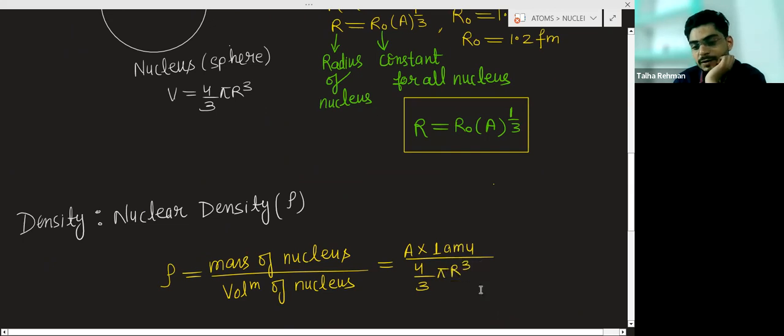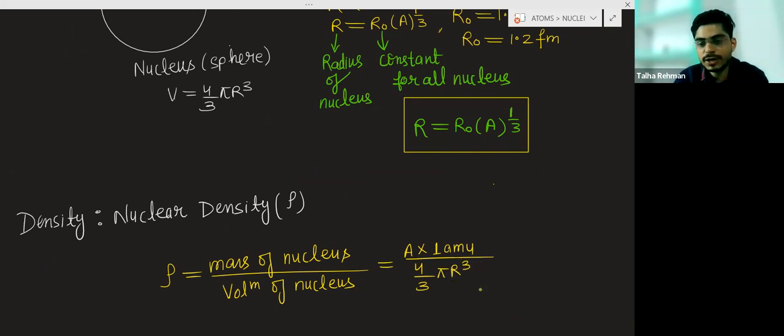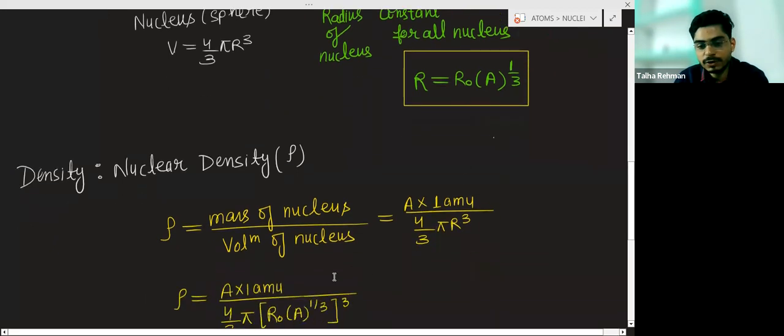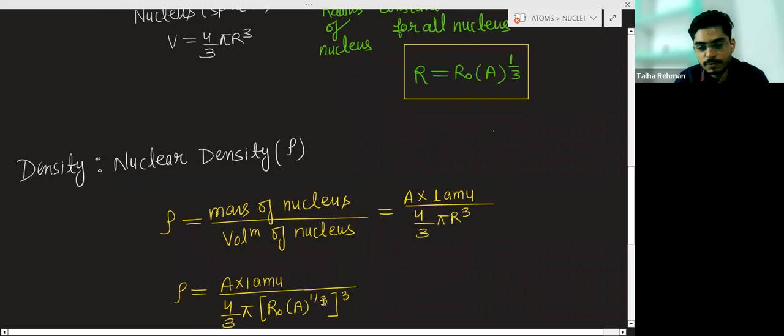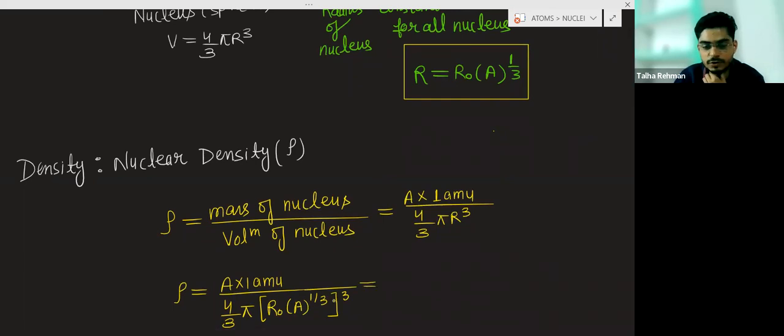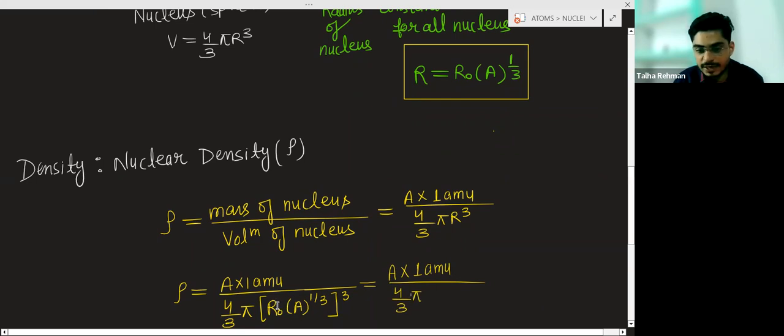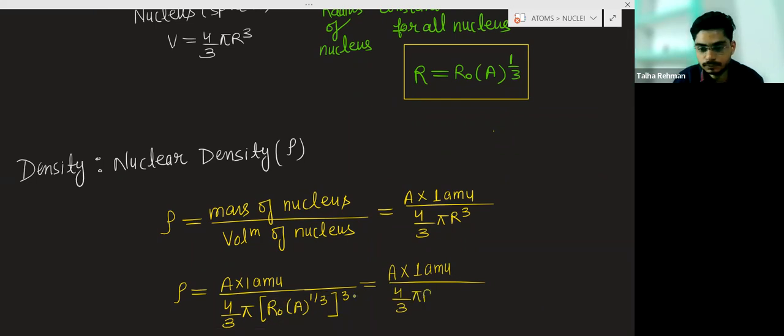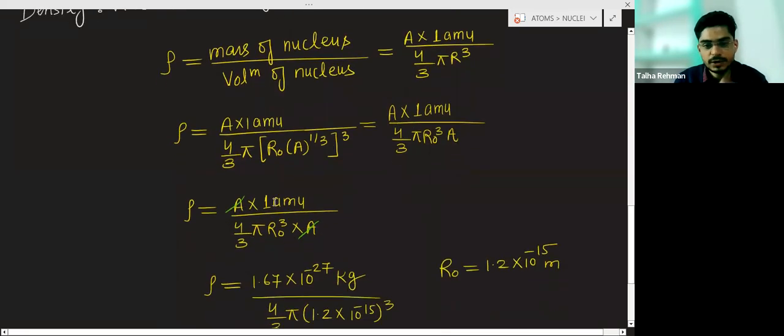Now put this value of R, and this value of R is R equal to R naught A to the power 1/3. So we will put this value here. Now from here you will get A into 1 AMU divided by 4/3 pi R naught cube multiplied by A. This A and A will be cancelled out here, and you will get 1 AMU divided by this value.